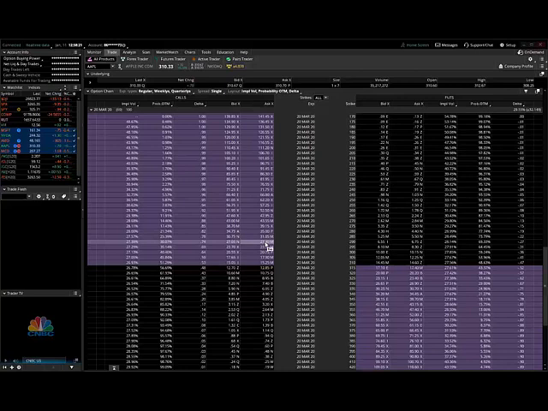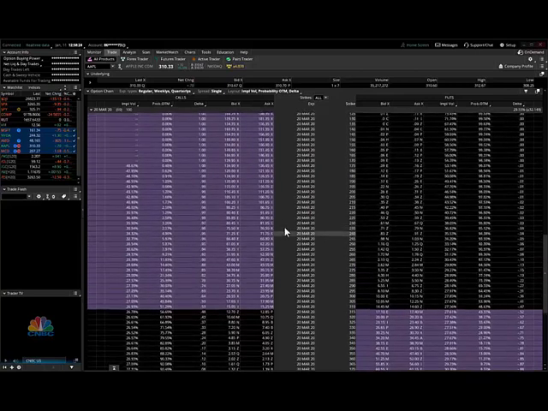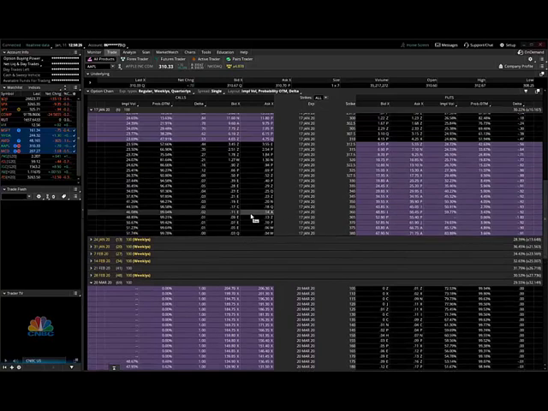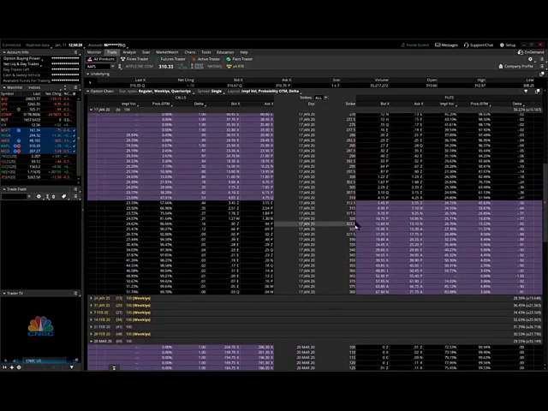So if we bought that, our cost basis would be 317.40, and then I could sell a 320 and collect $1.27. Let's do the math on that. 317.40 times 100 would be 31,000.